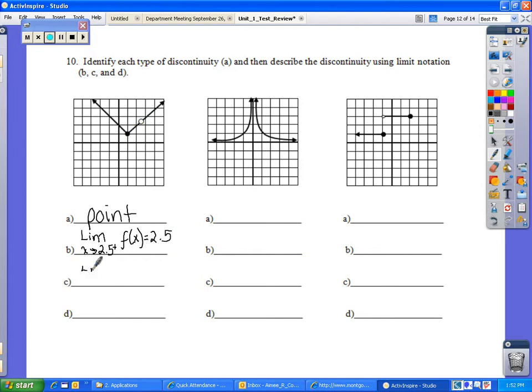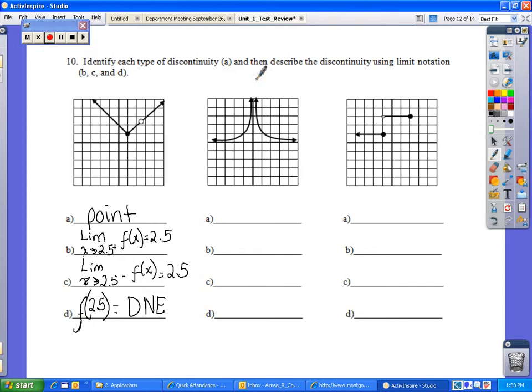From the other direction, as you approach the x value of 2.5 from the left, the function is still approaching the same value of 2.5. And that should be the case because it is point discontinuity. Then the actual value at 2.5 does not exist. Oops, I meant to put 2.5 there. So DNE, does not exist.